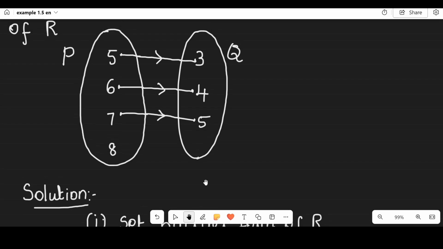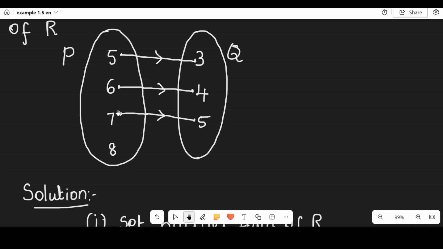Actually, as I said earlier, the set builder method is nothing but describing the relation using a particular rule or condition. How can we derive the condition using this diagram? Here we have two sets, right? If we had only one set, we could represent each and every element as x.